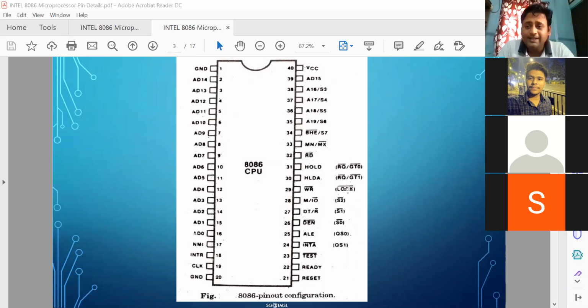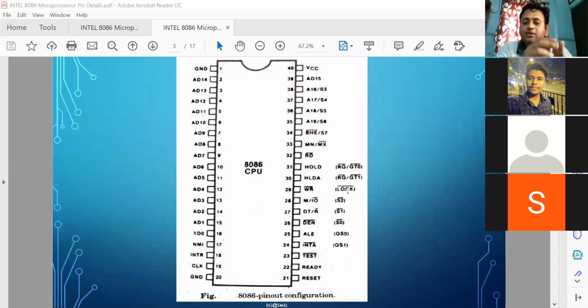The LOCK bar pin is used to lock the other masters so that they do not get any control over the buses. Because if there are two processors, and at a time one processor is performing a certain operation, you have to lock the other processor or other master so that it does not gain any control over the system buses.